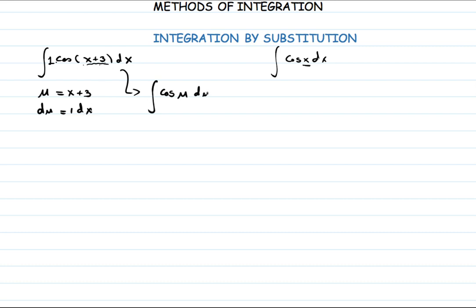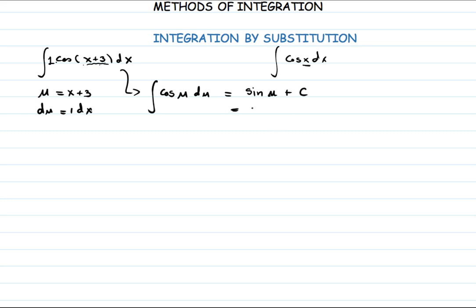Then we're going to have here du. Now the question is simple. This is an indefinite integral. What is the integration of cos of u du? The integration of cos of u du is sine. It's going to give us sine of u. Because this is indefinite, we're going to have here plus c.